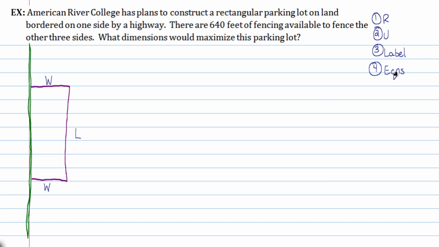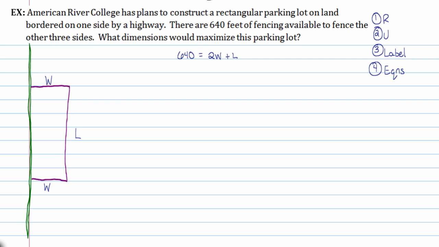Since you have 2 unknowns, you'll need 2 equations. One of the equations, since we have 640 feet of fencing available, is that W plus L plus W should equal 640. In other words, 2W plus L should equal 640.